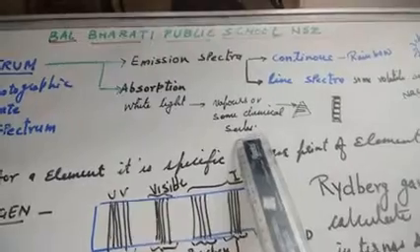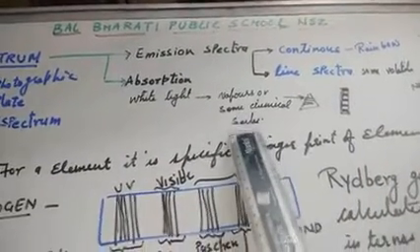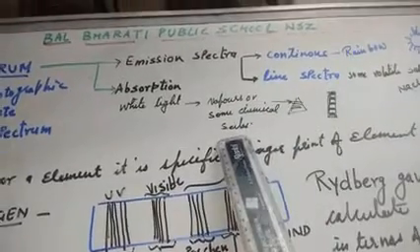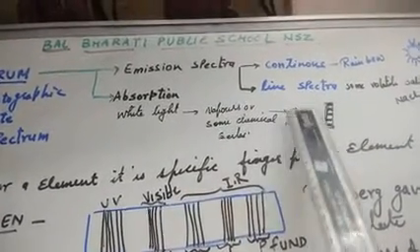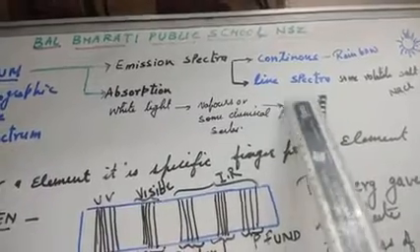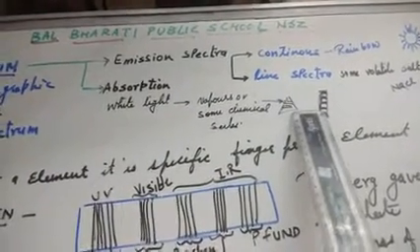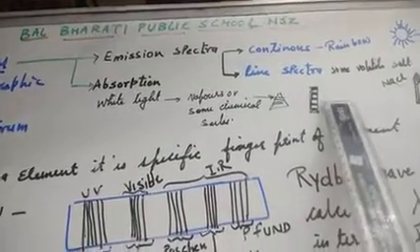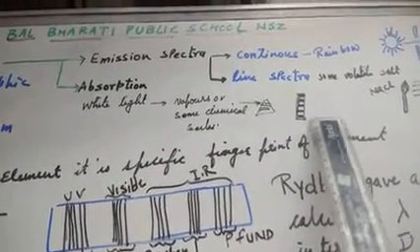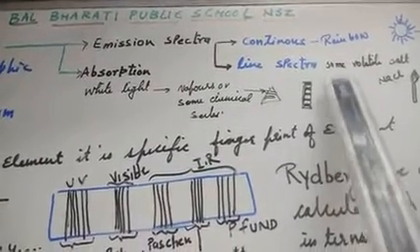Some of the components of this white light from that VIBGYOR get absorbed by these chemical substances, depending on the nature of that substance, which allows only some of the components to go through in the form of radiation. And that's why when this radiation is splitting after passing through the prism, it is producing dark bands on the photographic plate. And that's why instead of a continuous pattern, we are getting an interrupted pattern.